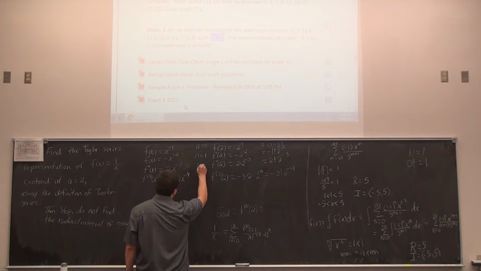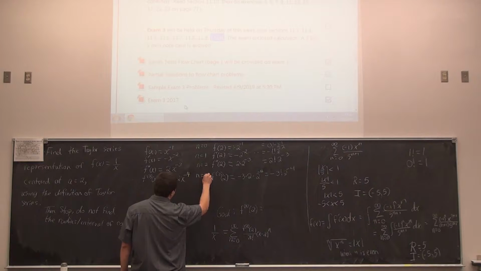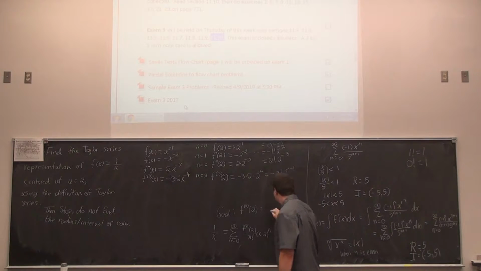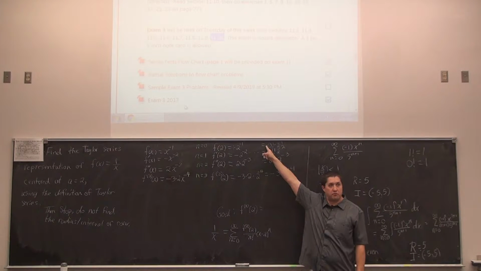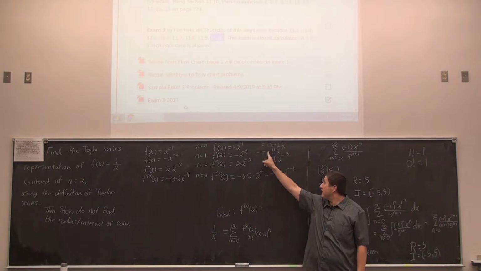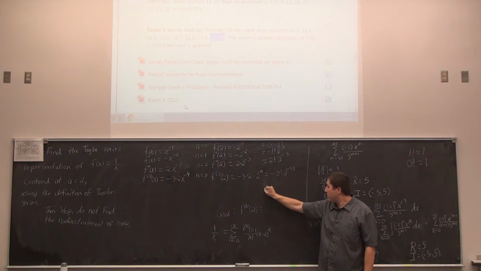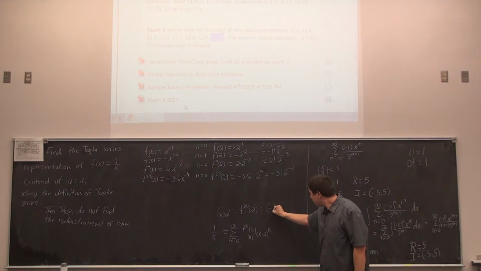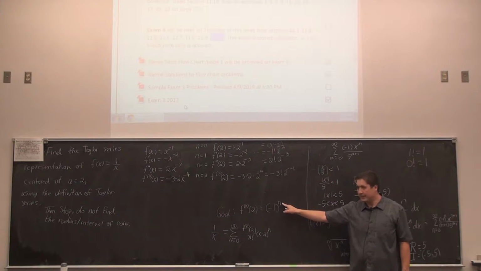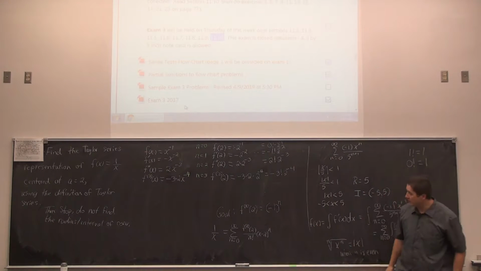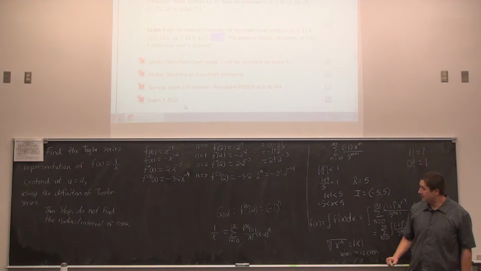So it goes 0, 1, 2 for indexing. We got up to 3. And if that's the case, we can start off by handling the alternating feature that we see. It starts off as positive, negative, and that pattern should continue to get negative 1 to the power of n. How do you folks feel about this? Is it going to be n or n plus 1 in this situation? N plus 1.